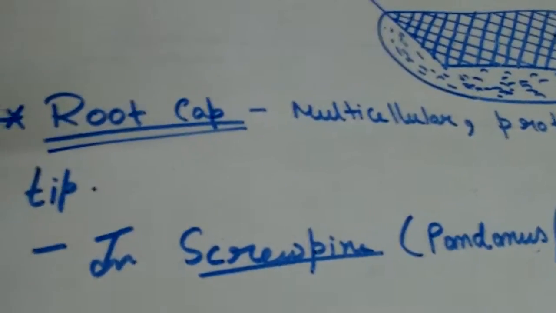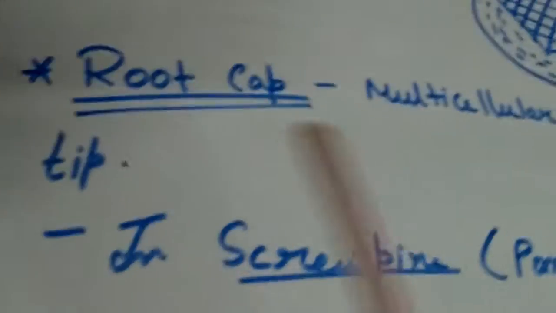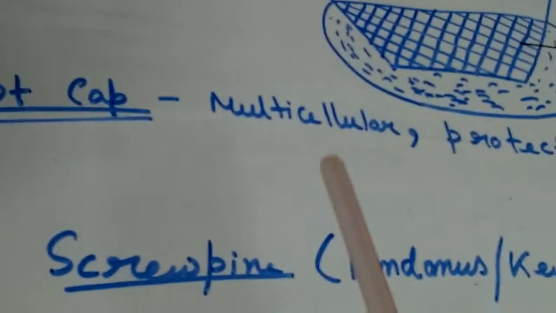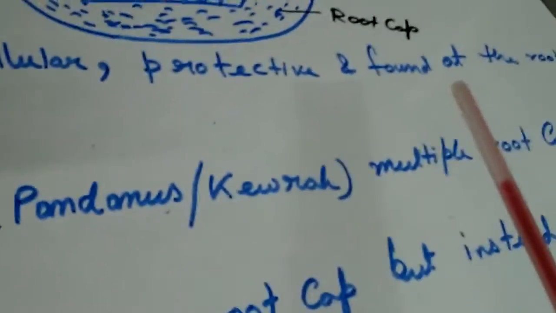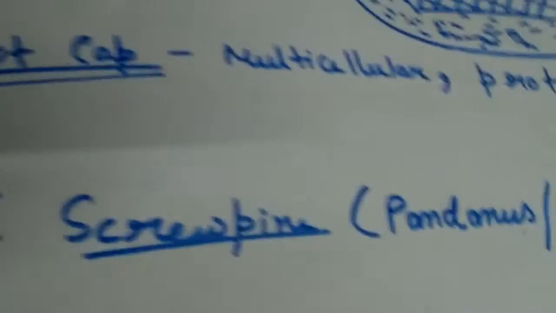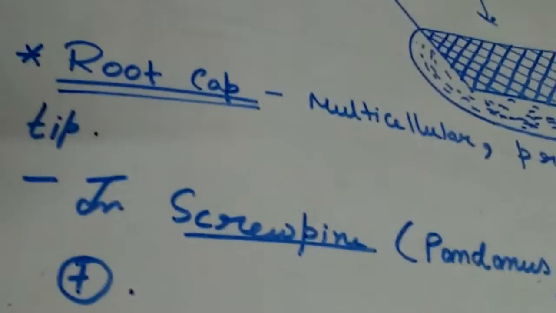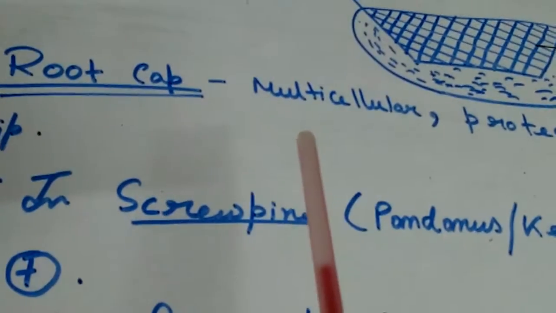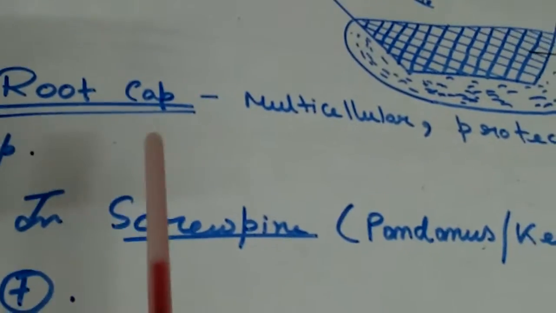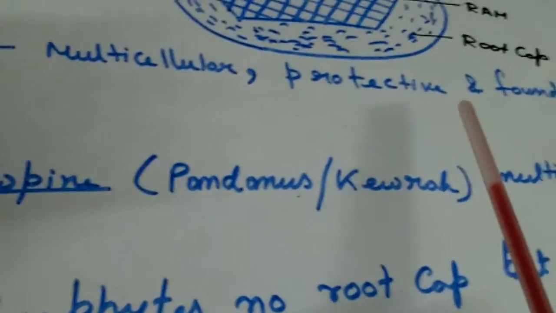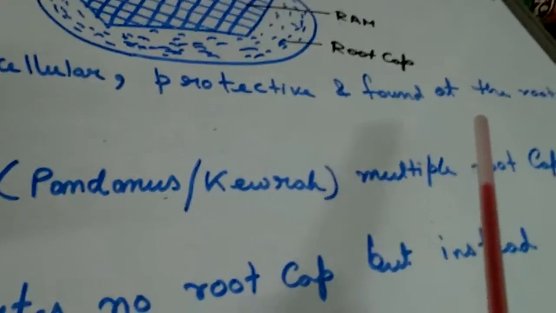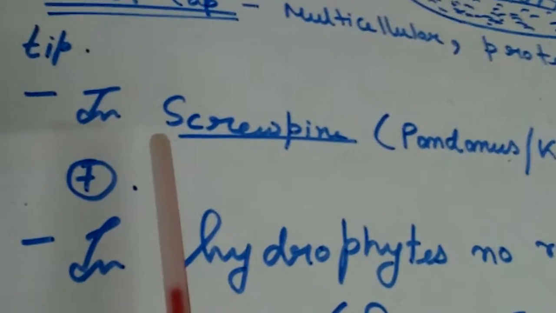Root cap is multicellular. It is a protective structure formed at the root tip. So the cells forming the root cap are multicellular, and the root cap is a protective structure found at the root tip.